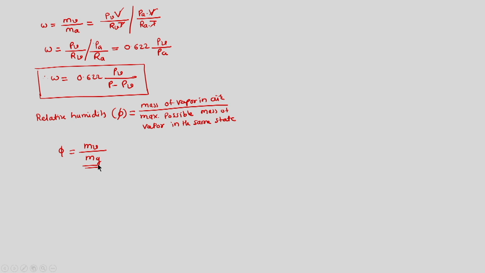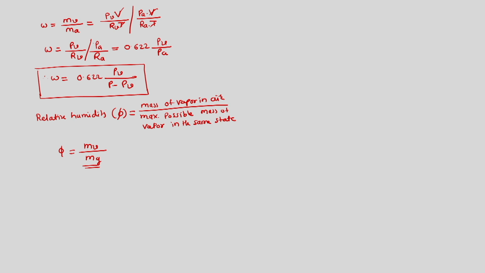We know that if we keep water in the air, it will evaporate. The water gets evaporated and the water vapor mixes with air. In such a case there is a possibility that air cannot accommodate the evaporated water.